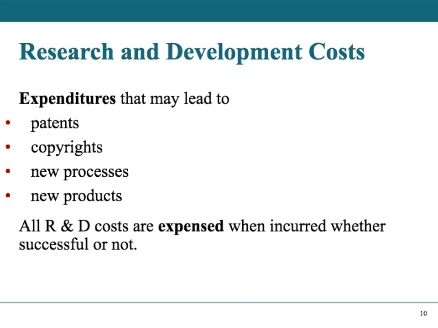That's why the Financial Accounting Standards Board said, unless you achieve a feasibility stage of your product, you cannot capitalize R&D. Right? So R&D is expensed when it is incurred, whether it's successful or not, which is different from IFRS, International Standards, where R&D could be capitalized, meaning become an asset, sooner than in the US.